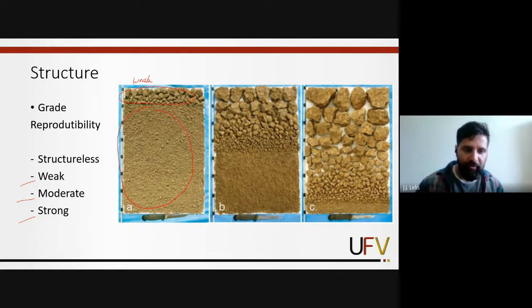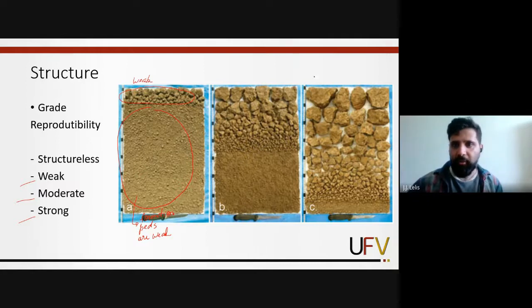So you can see that the formation of pads is weak. The formation of pads is incipient. We don't have a lot of pads for a specific volume of soil.